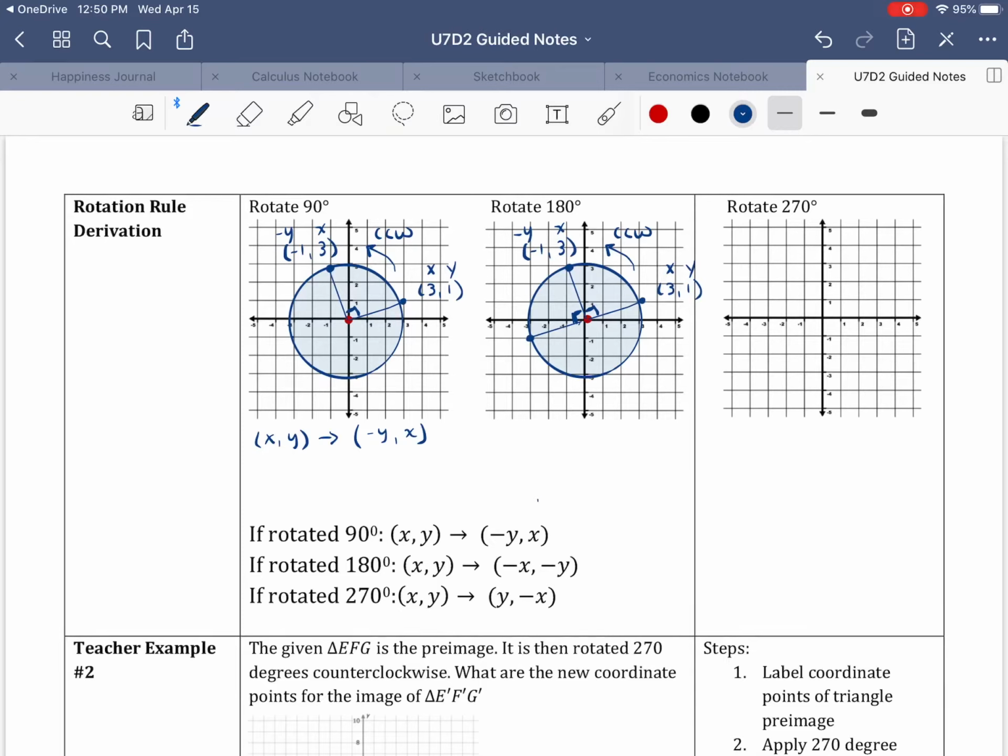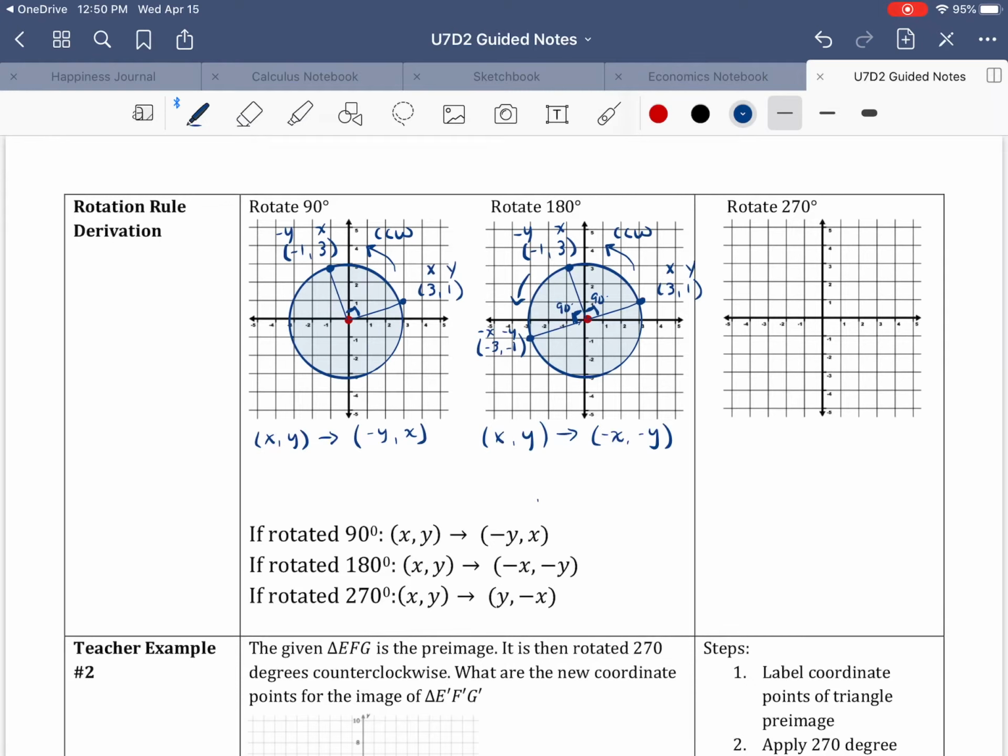And that coordinate point, you'll see, is (-3, -1). And here you can see that our original point, now both x and y are negative. So it becomes a -x and a -y. So (x, y) goes to (-x, -y). All right, that's what happens for a 180-degree rotation counterclockwise. 90 degrees plus 90 degrees is our 180.